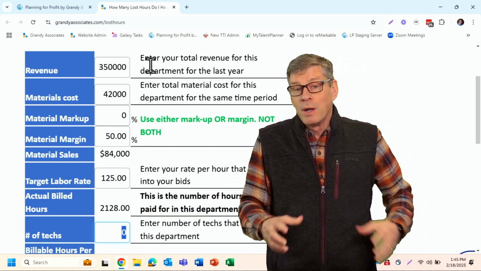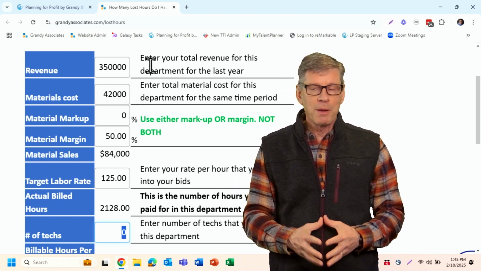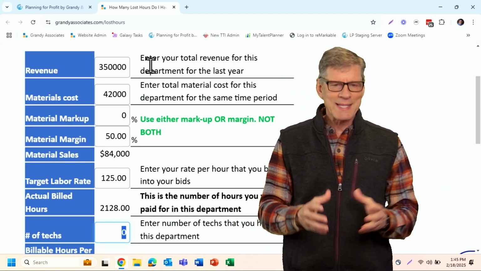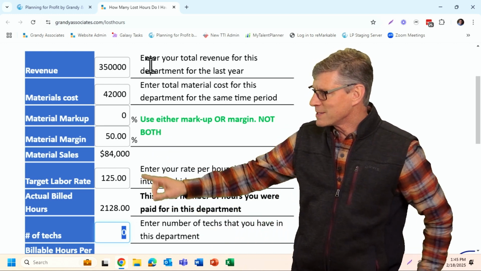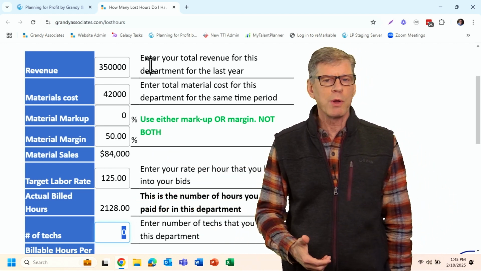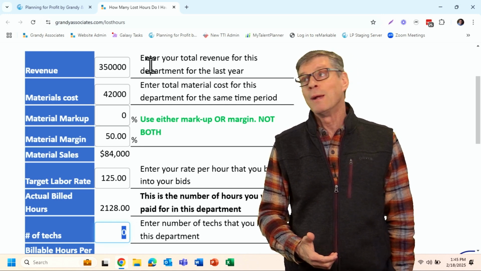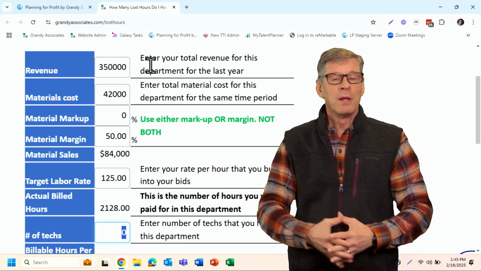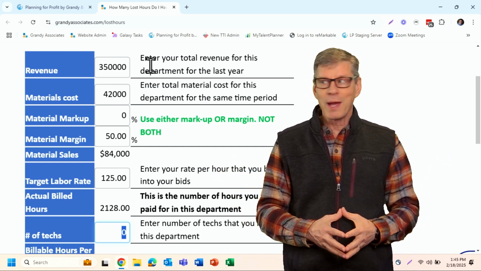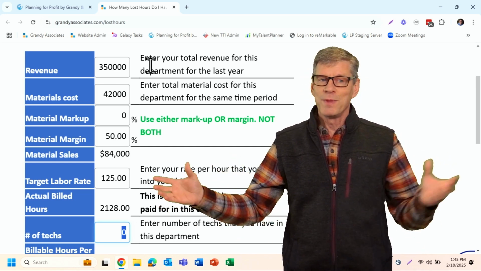If you were looking at this over a period of a week, you'd know how many guys you had, so I'm simply going to divide this by the number of technicians, and it'll tell us how many hours we were paid for over that time period. You'll compare that to your payroll data, and anything greater than that number is non-billable time.